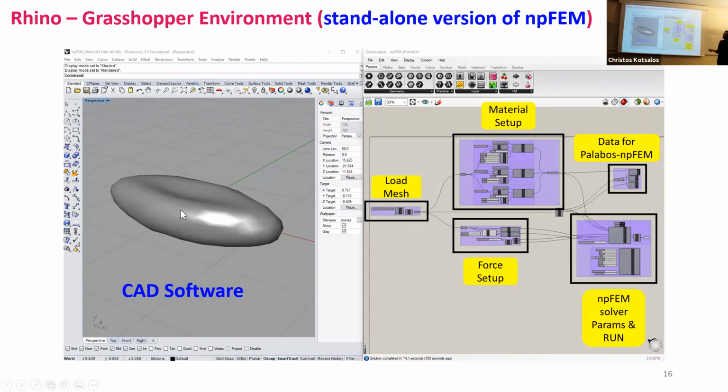Here you can see a deformed red blood cell. It's a very nice graphical user interface where people can pick any kind of material and check if this is a valid material. Also, they can make modifications in the NPFM solver and visually inspect if they have bugs or not. Also, this is open source, and you can find it in Palabos CFD library.